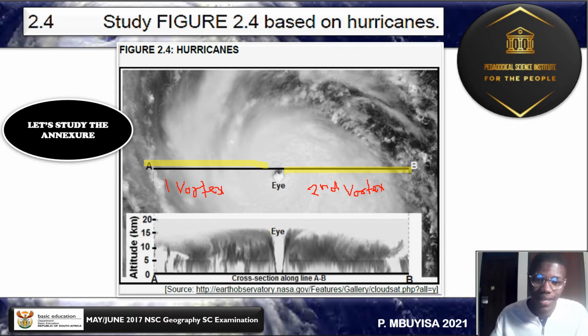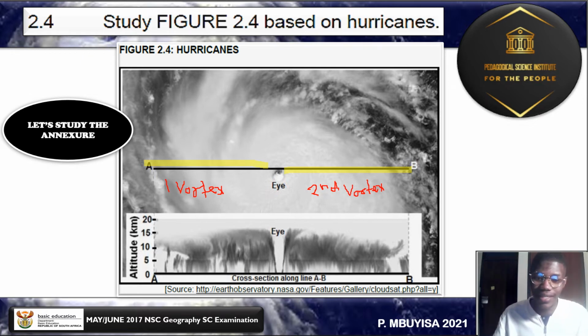Now if you look at the diagram below, they are showing you a set of axes. We have point A to B, and in the y-axis we have altitude in kilometers, extending from 0 to 20 kilometers, and this is showing you how high our tropical cyclone is.